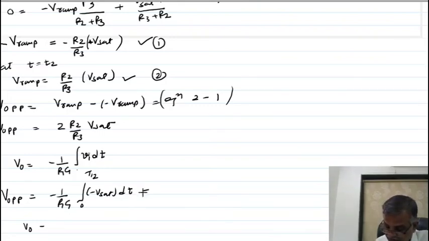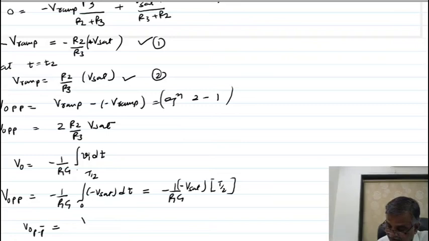So this is nothing but I can write minus 1 upon R1 C1 into minus V set, integration of dt is nothing but t. I should write t by 2, you know. So my equation of the output voltage is V set upon 2R1 C1 into periodic time. I would find the periodic time.